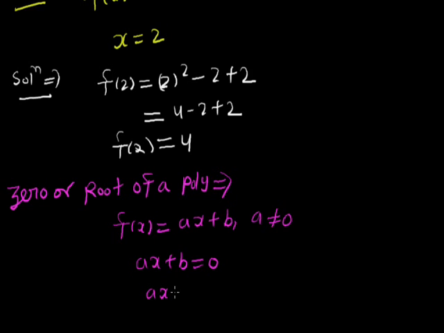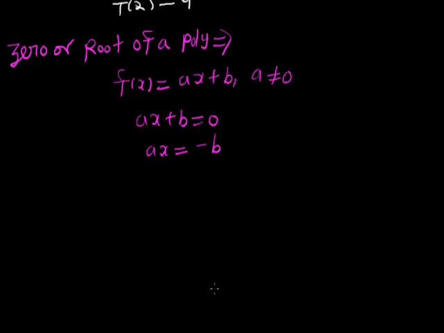Now ax is equal to minus b, if I transfer b to the right hand side, then x is equal to minus b upon a. So what value did we obtain? We obtained x is equal to minus b upon a. So this is the zero of this polynomial. This is the method by which we can find the zero of a polynomial.